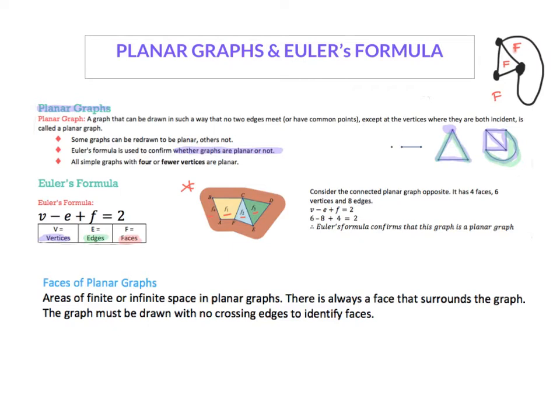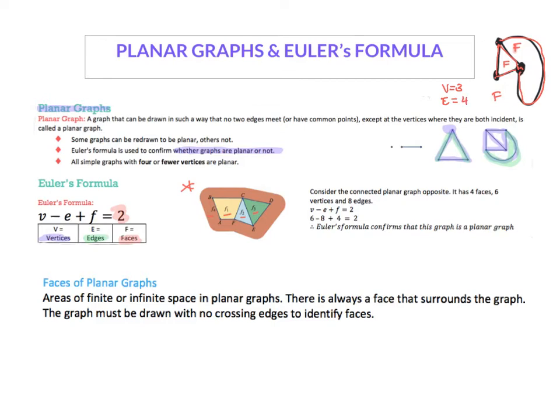Euler's formula found that if you count the number of vertices, minus the edges, and then plus the faces, you'll always get an answer of 2. So I'll test out this theory up here. The vertices, I've got 1, 2, 3. The edges, I've got 1, 2, 3, 4 edges.